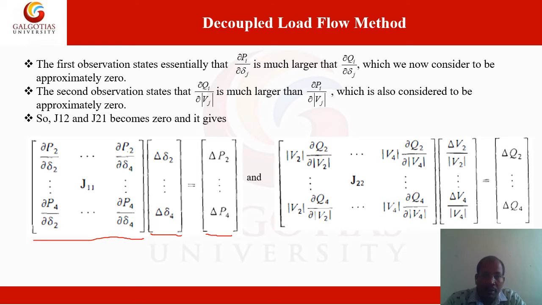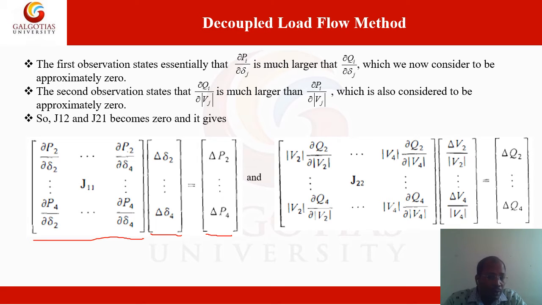We can calculate first voltage angle corrections or magnitude voltage corrections. So we can give the preference. Based on our objective, we can calculate which one is more dominant. In terms of the calculation process, these two equations are independent.